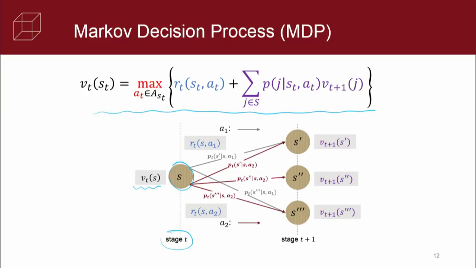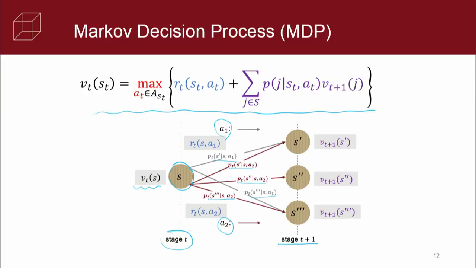Let's say at the current state S, we have two actions available, A1 and A2. And according to the transition probability, we know the next state at stage T plus 1 with corresponding probability.